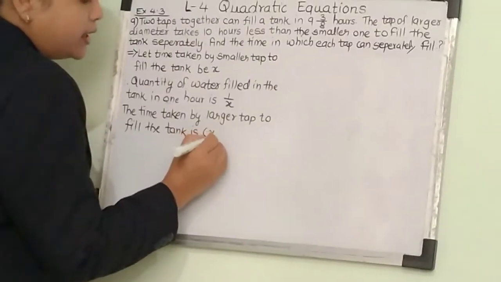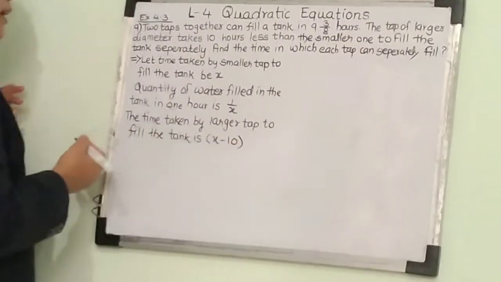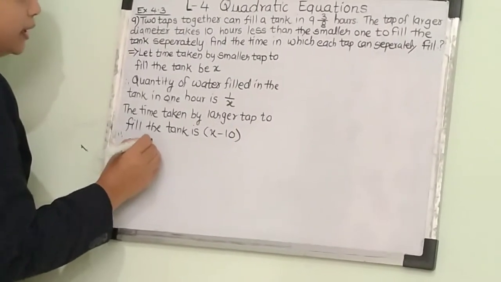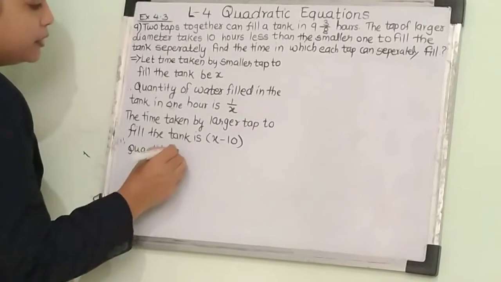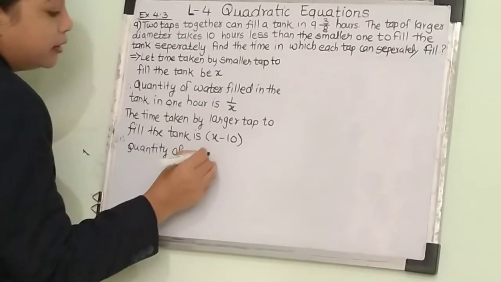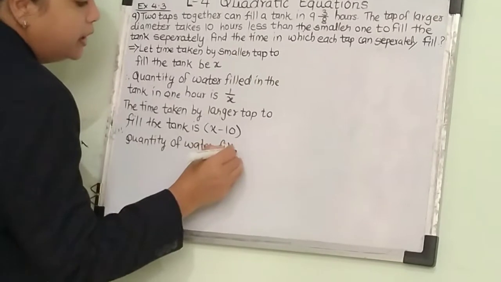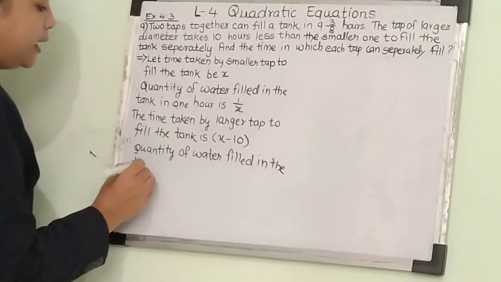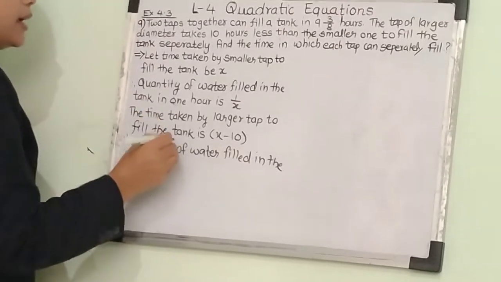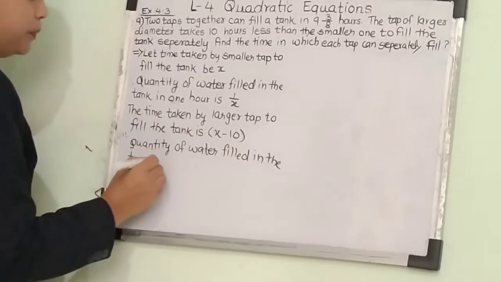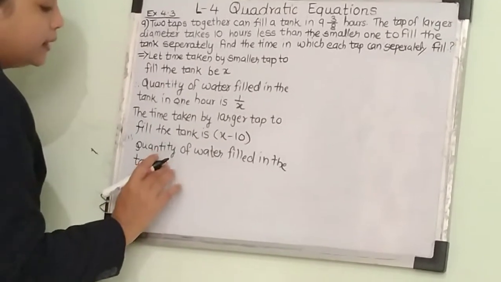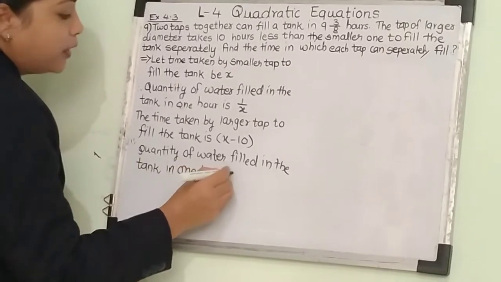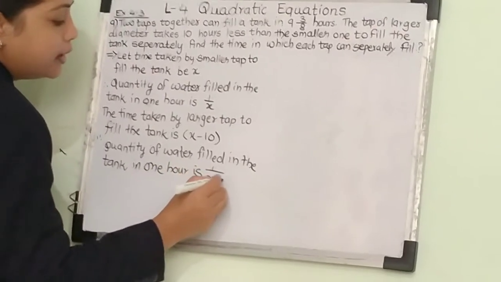So we can take as x minus 10. Now therefore we can say that the quantity of water filled in the tank by the larger tap in 1 hour is 1 upon x minus 10.